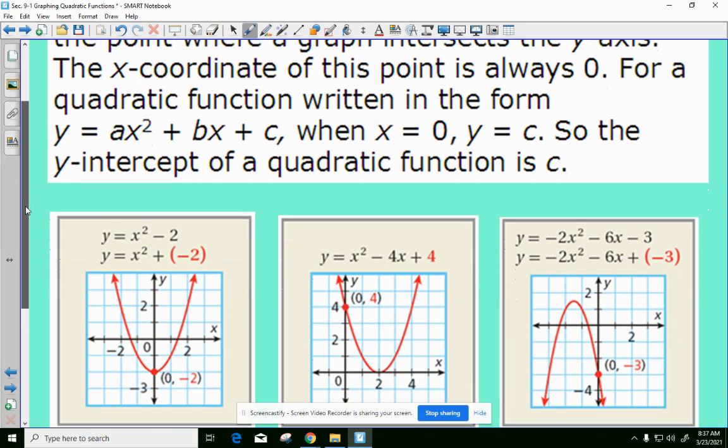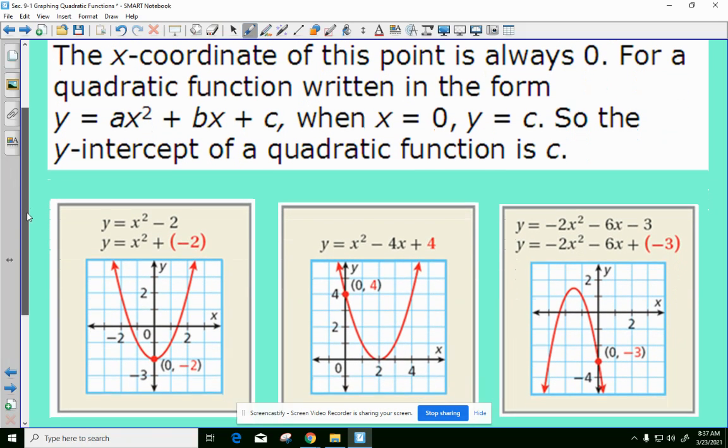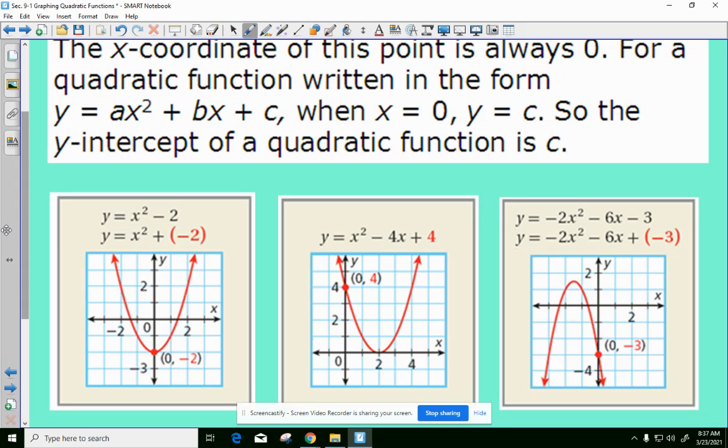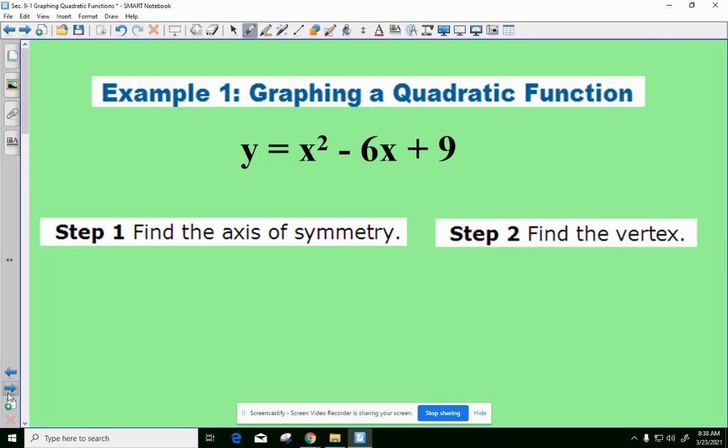So, in our problem, it ended with a -4. So 0, -4 happened to be one of our ordered pairs. But just like in a linear function, that last value, that constant on the end there, whatever it happens to be, will also be an ordered pair. It may or may not be useful for your graph, but it is a possibility if you want to do it. So there's two.